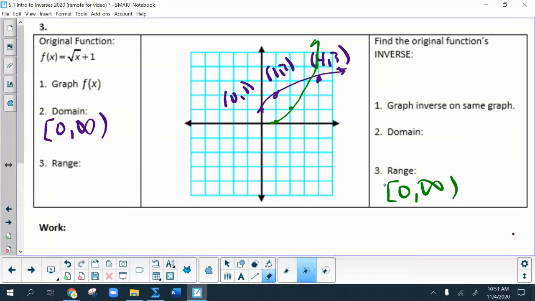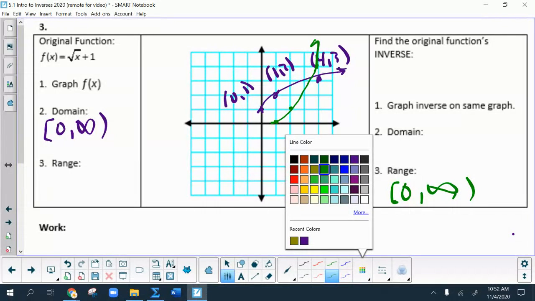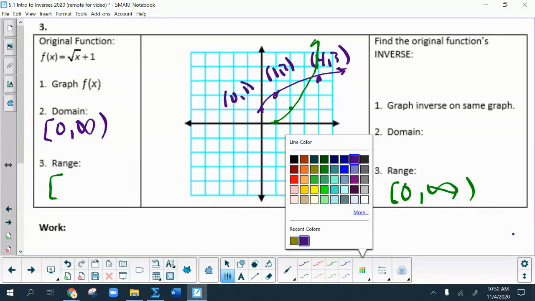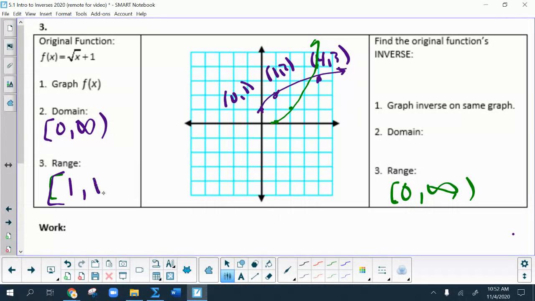Don't know why I changed colors on that. That's okay. I should have left it. And the range of the original, we shifted it up 1. So the range is 1, infinity, which means the domain of the inverse is 1, infinity.